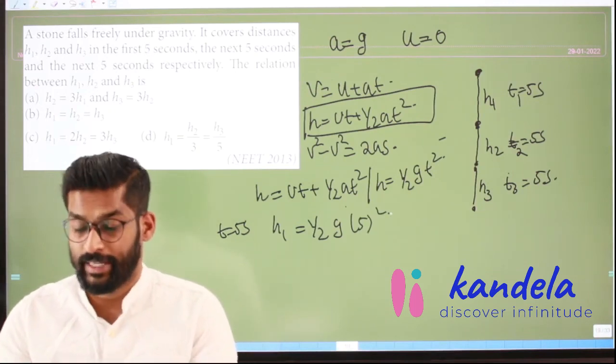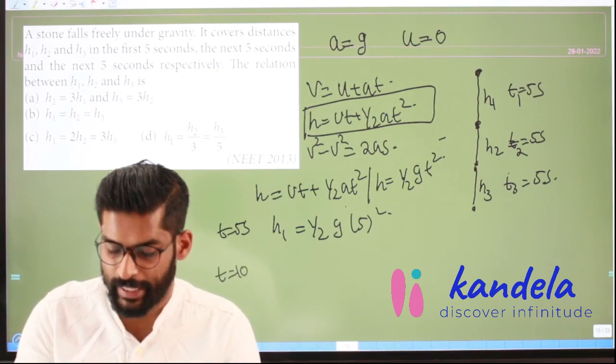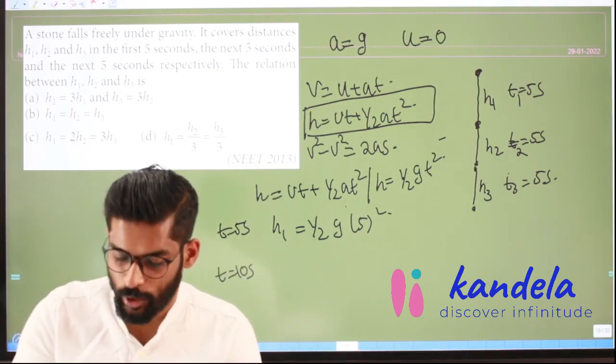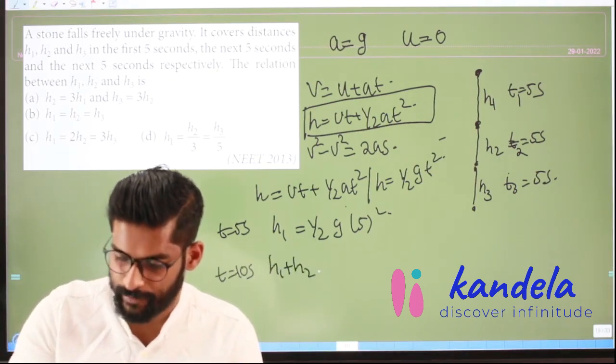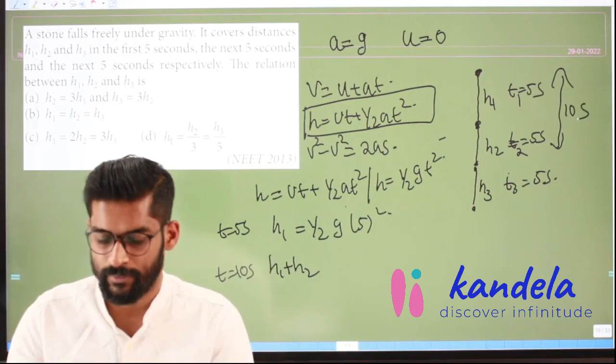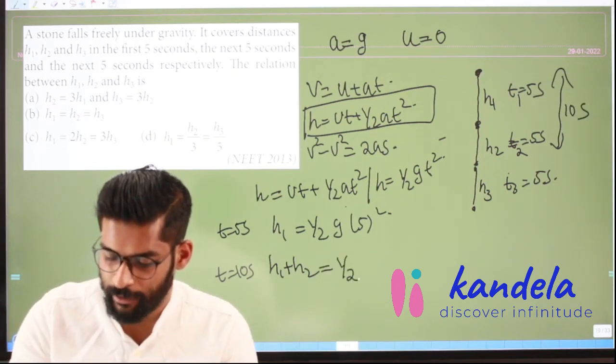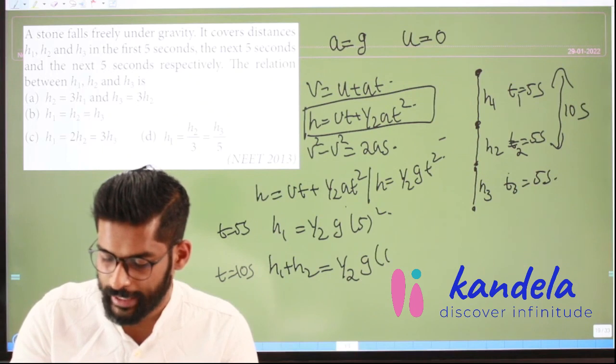In the next 5 seconds, so in a total of 10 seconds, it covers a distance of h1 plus h2. It takes 10 seconds to move up to a height h1 plus h2. So h1 plus h2 is half g into 10 square.